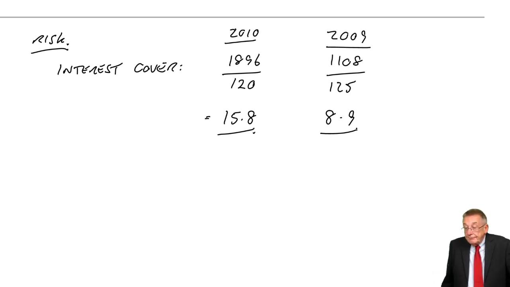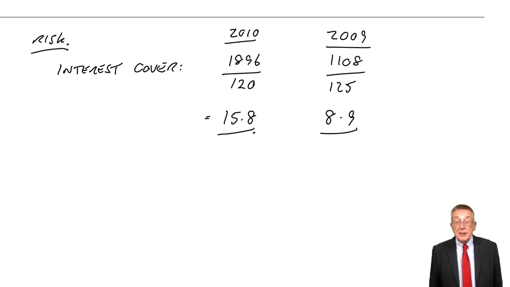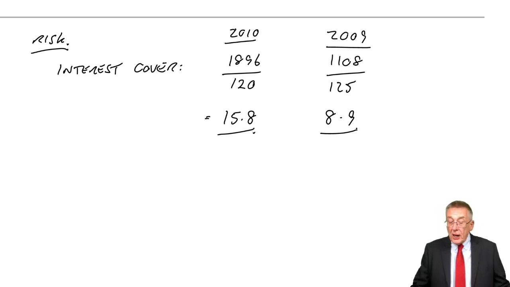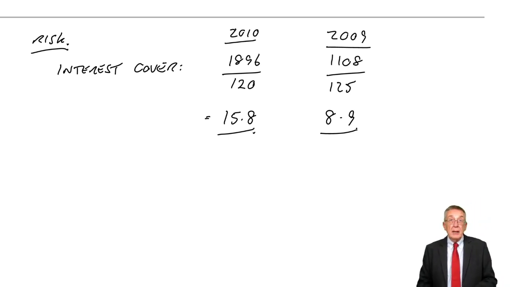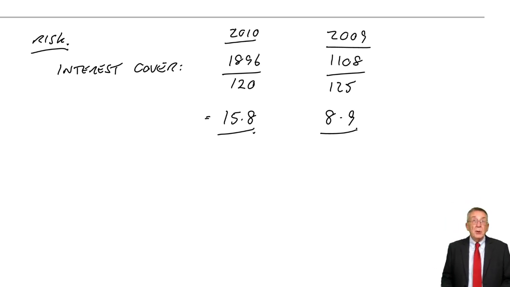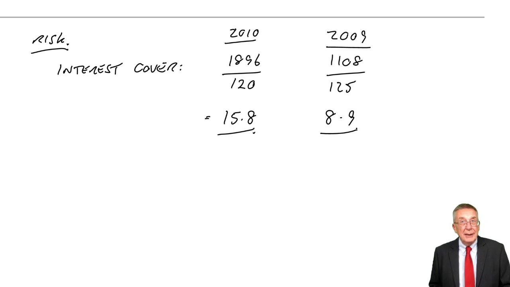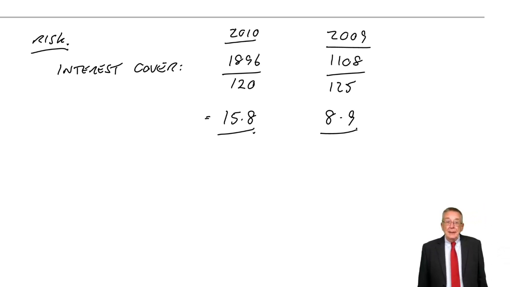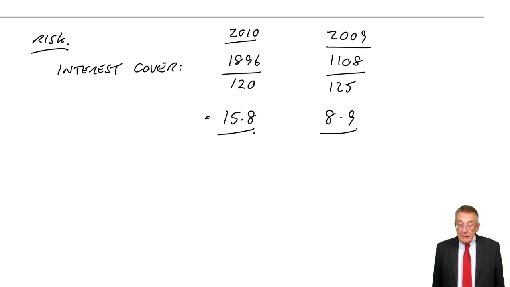Again, we're easily able to pay the interest last year. This year, it's even easier for us. So there doesn't appear to be any real problem. But if that got low, then things become pretty risky, if the profit happened to fall next year.